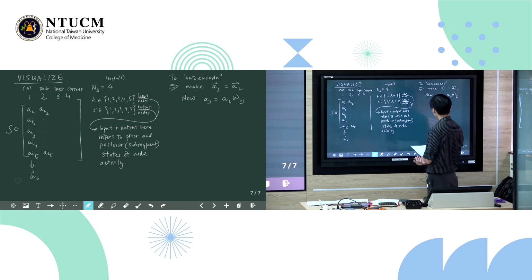But we want to make aj equal to ai, right? So that's the problem. What sort of w will allow us to make it so that after learning, aj becomes more like ai, okay? So specifically, if I put the indices, it's the summation over k, aik, w, ik, jr.